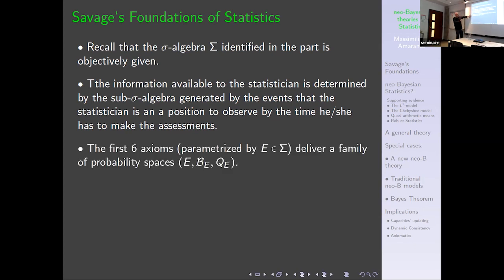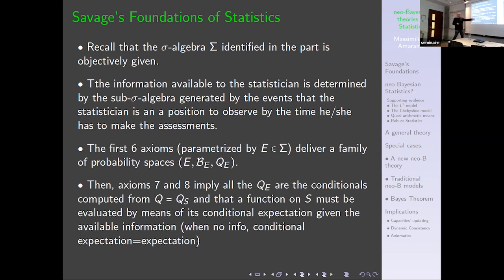Now, what does that type of axiomatization do? You have seen already that the first 6 axioms applied to each conditional preference give you a measure space: a sub-sigma algebra generated by E and measures on E. Then the 2 other axioms, 7 and 8, do what?